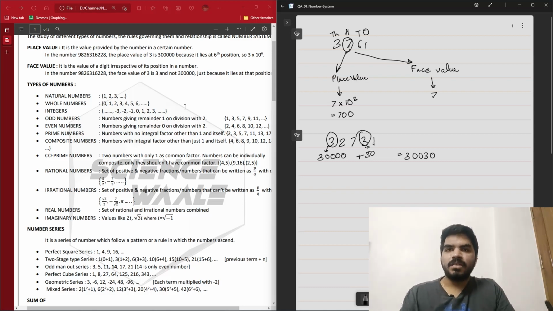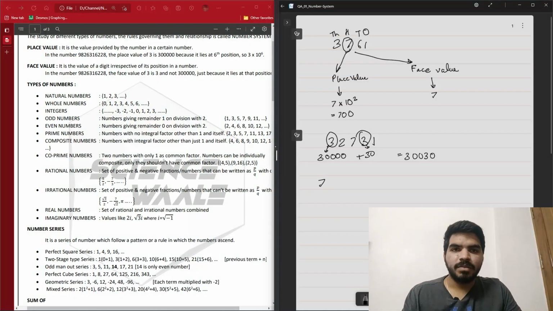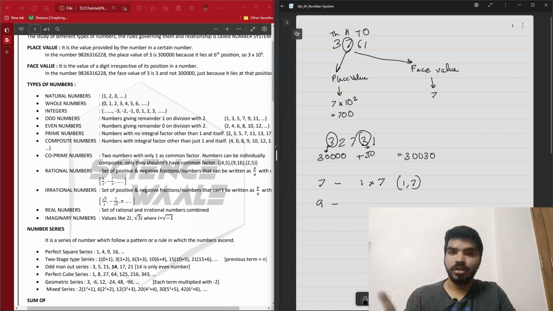Prime numbers, for example 7, it has only 2 factors, 1 and 7. And other example is 9. It's not a prime number. It has factors 1, 9 and 3. So it has a factor which is not itself and 1.